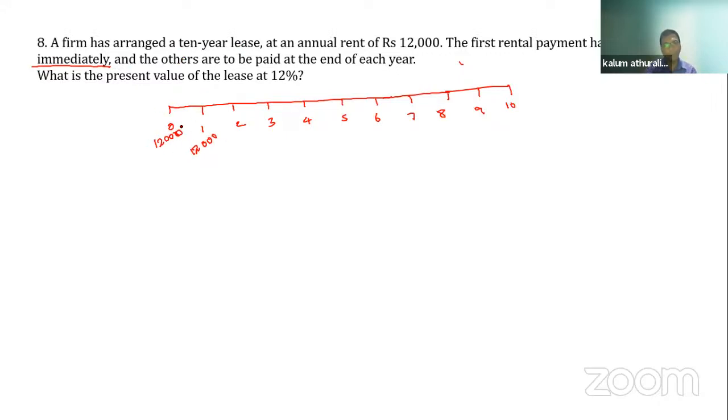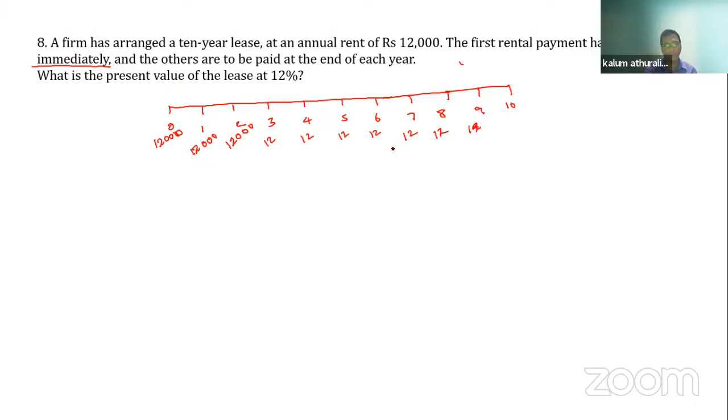The first payment is made immediately. Then how many balance payments? 9 balance payments. Then 1, 2, 3, 4, 5, 6, 7, 8, 9.